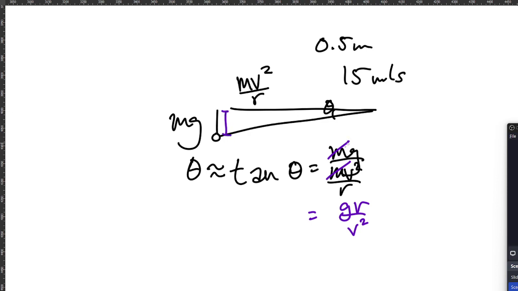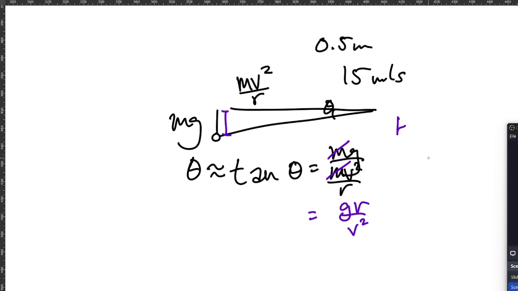That means that this distance is going to be equal to L sine theta, L being this hypotenuse, right? So our hypotenuse times opposite over hypotenuse gives us the opposite, which is how much this deviates by.